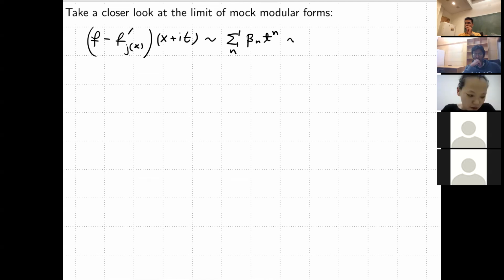And in fact, you can show that this is the same expansion as the shadow. That's not difficult to show.